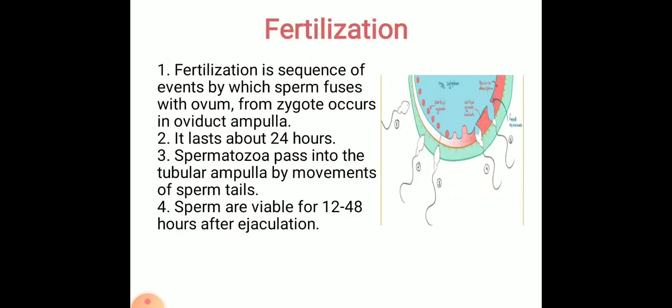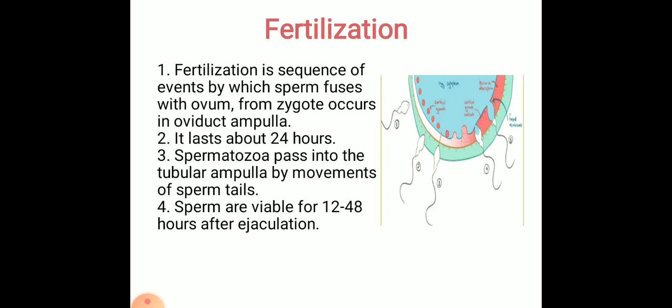So the next one is fertilization. What is fertilization? Fertilization is a process, one of the processes of development, in which the zygote is formed. How is the zygote formed? By the union of gametes, the male gamete and the female gamete.